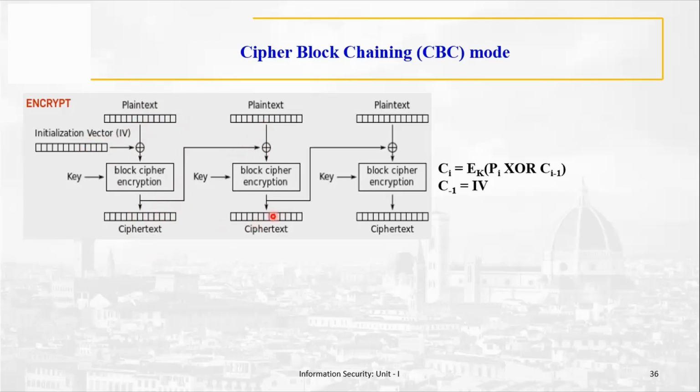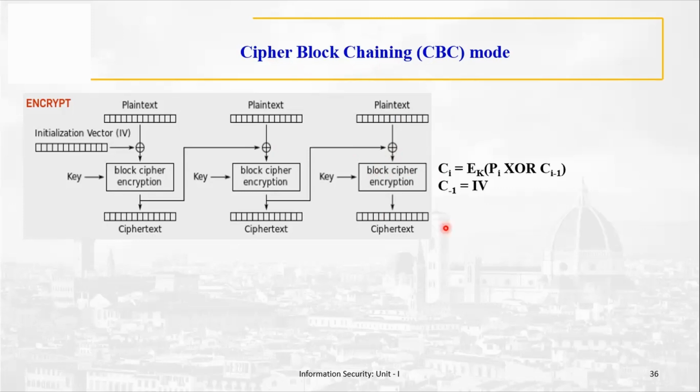So this happens in a chain operation. The cipher, which is considered as a block, will be fed into the next block for the XOR operation, and this happens in a chain mode. That's why the name of the mode is cipher block chaining mode.